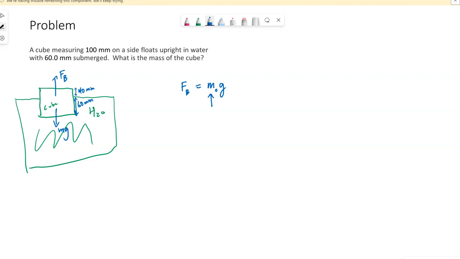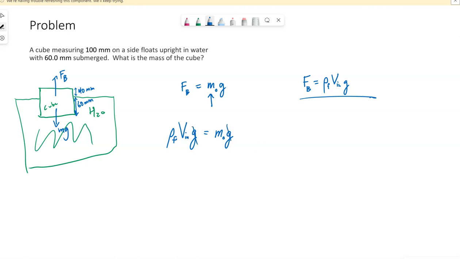All right, so the next thing I want to do is I know our basic fundamental equation for buoyancy is density of our fluid times volume displaced, so the amount of the object that is in the fluid, times G. So I can say the density of this fluid times the volume of the block in the fluid times G, our equation for buoyancy, has to equal the mass of this object times G to balance those forces.